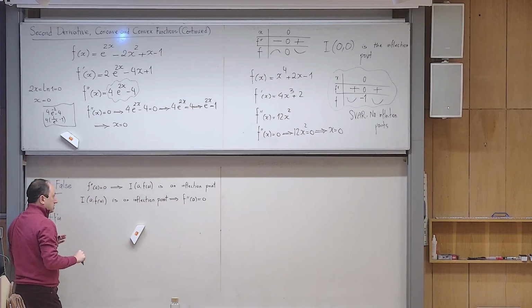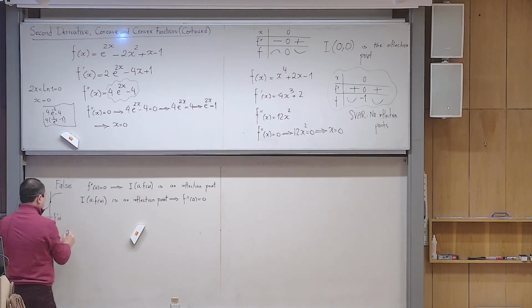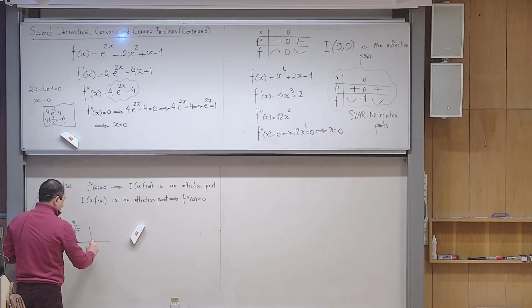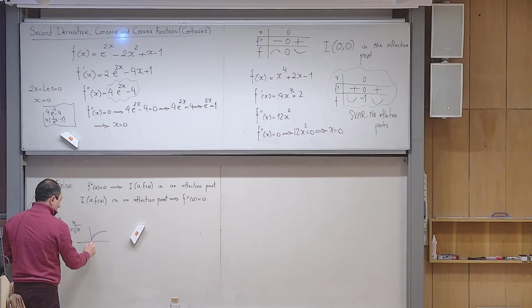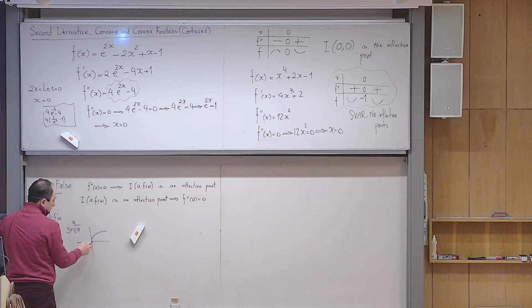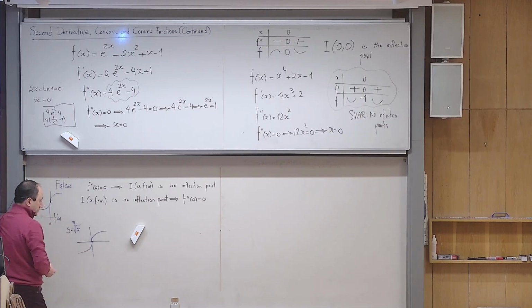And then, by the way, a very famous counterexample is the third root of x. If you draw the graph of this function, it is like this. And I hope you agree with me that by any definition, this is an inflection point. But if I ask you what is the second derivative of this function at 0, it is not defined.